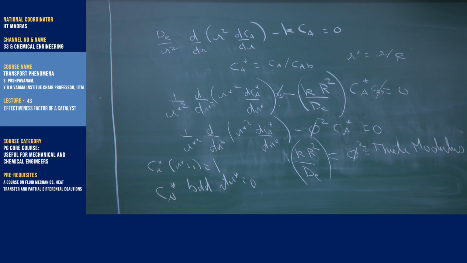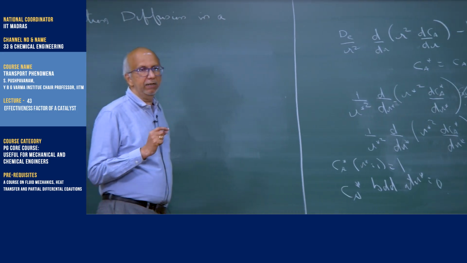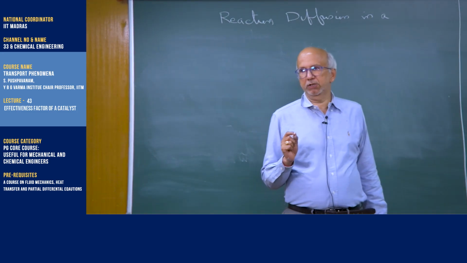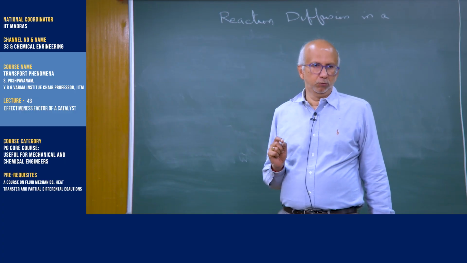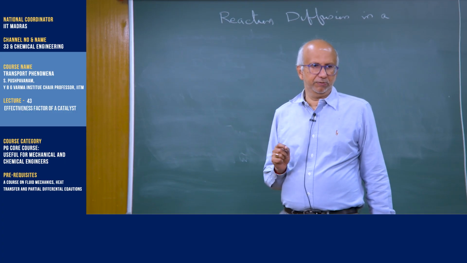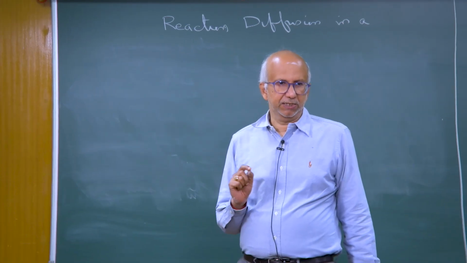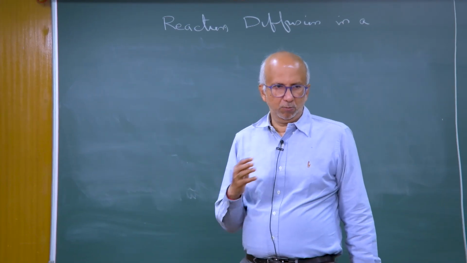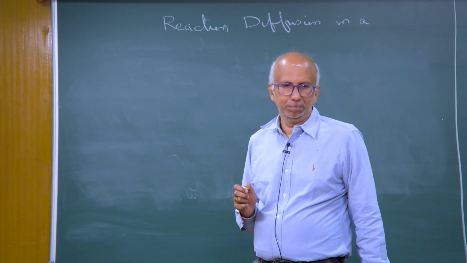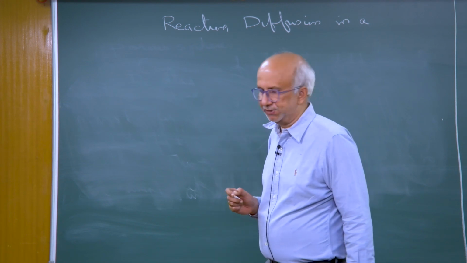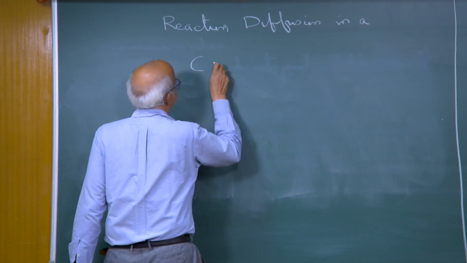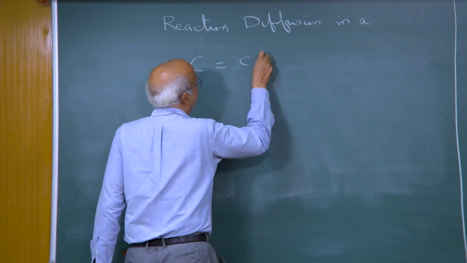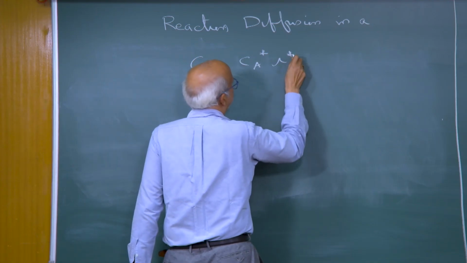I mean, there is a simple transformation which you can make, which can help you convert this to a differential equation with constant coefficients. Okay. So, that is what we are going to do. We are just going to convert this to a differential equation with constant coefficients by making this transformation. So, you have to understand what the underlying motivation is. Okay. So, the simple transformation is I am going to define C as CA star R star.